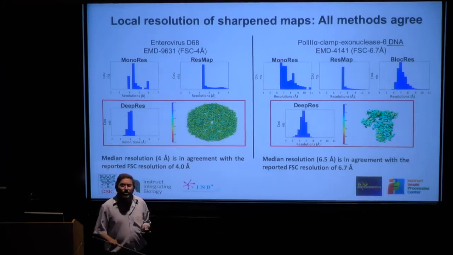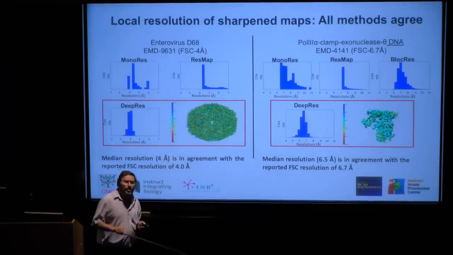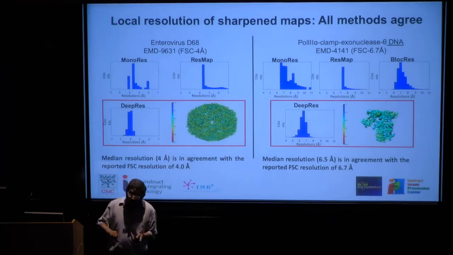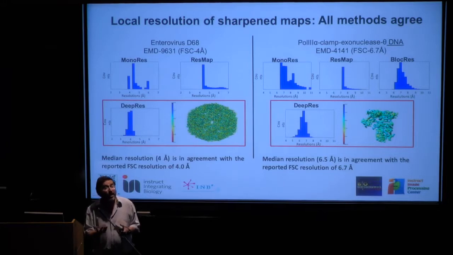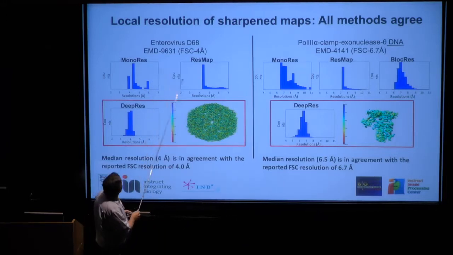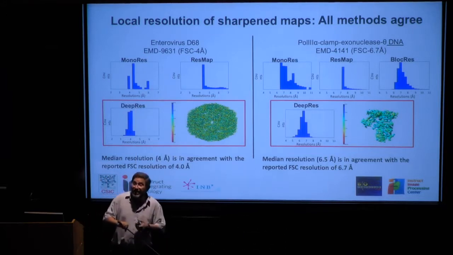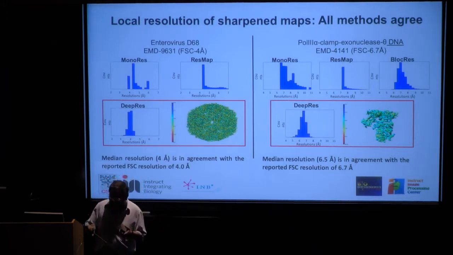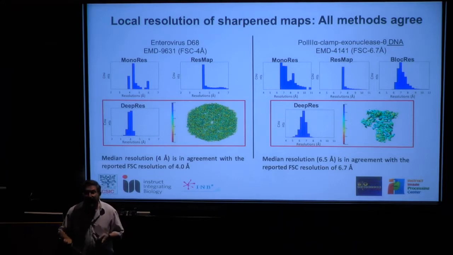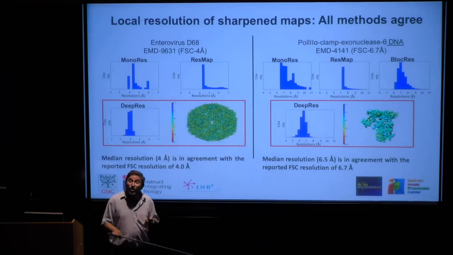Now, what should we expect if instead of having sharpened maps, I work with unsharpened maps? Well, by my eyes, this map would be more blurred. However, ResMap, monoRes, BlockRes, eventually, would be telling me the same measurement. Since I am seeing them more blurred, I am expecting that my deep learning approach would also tell me that they are more blurred.